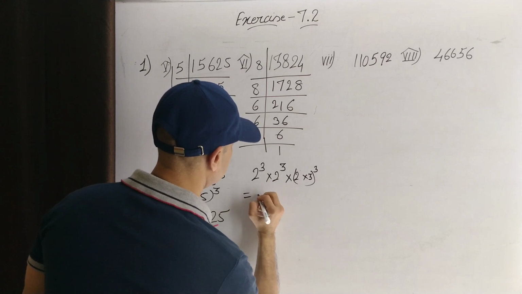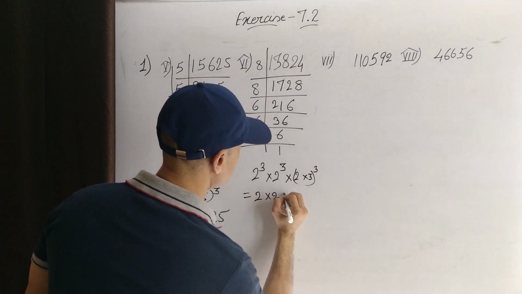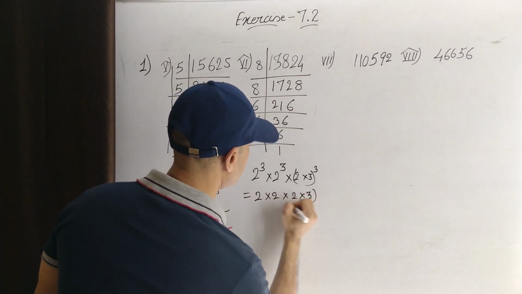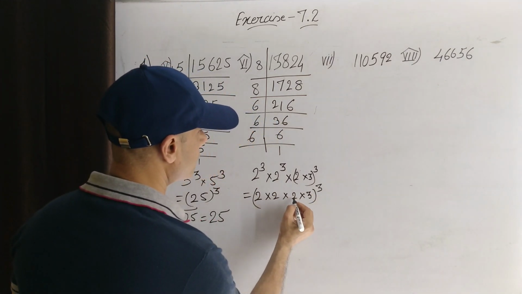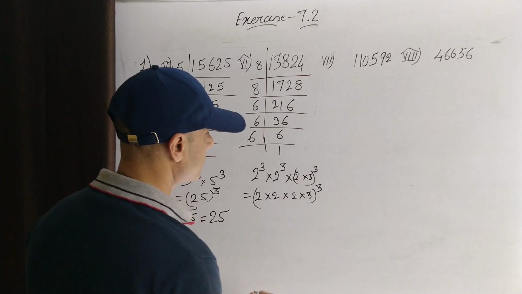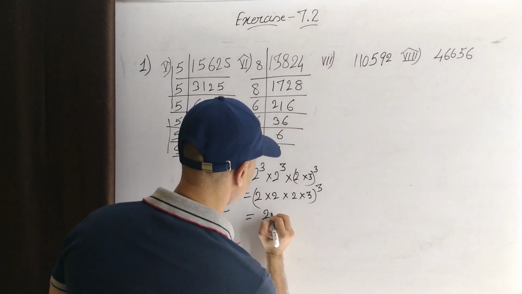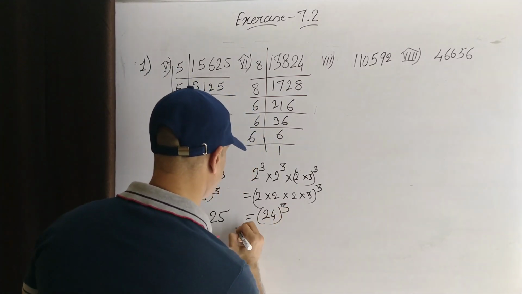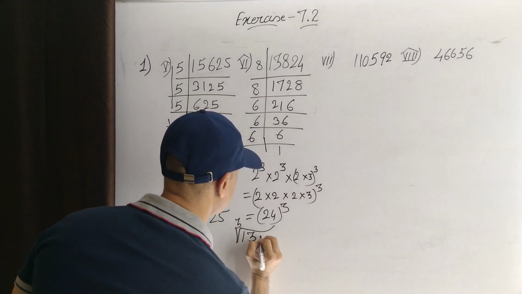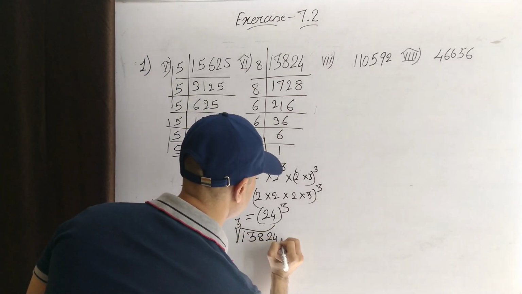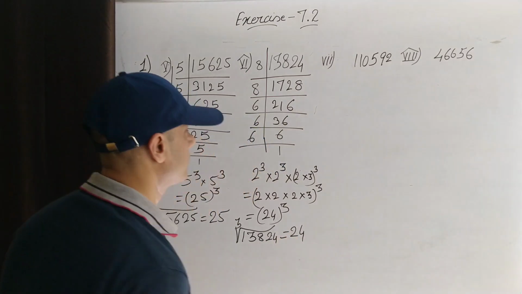So that makes us get 2 into 2 into 2 into 3 cube. So I got 24. 4 into 2, 8. 8 3s are 24. So I got 24 cube. So cube root of 13824 is equal to 24.